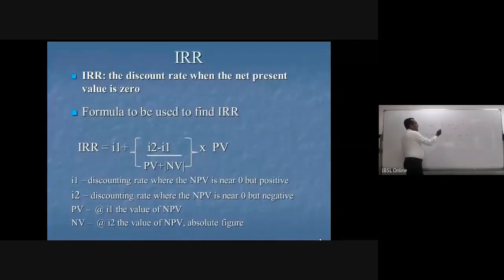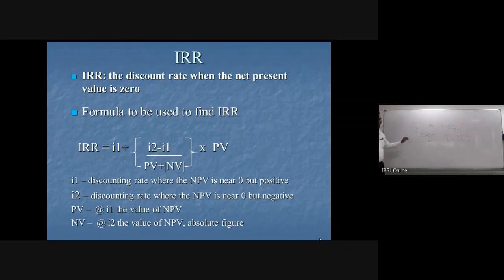I1 is the interest rate where NPV is positive but near 0. I2 is the discounting rate where NPV is negative but near 0. Positive value, negative value, right? I1 plus I2 minus I1 divided by positive value plus absolute figure, just the figure, not the negative sign of the negative value, into the positive value. So this is the formula.